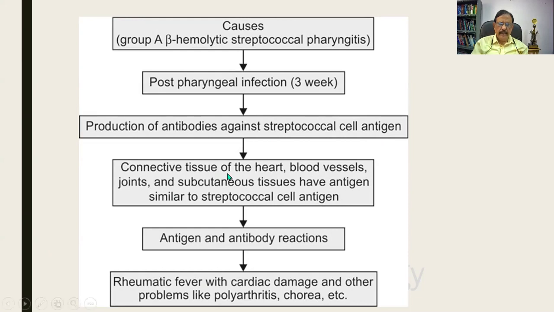This antibody reacts with not only the organism but also cross-reacts with the connective tissues of the heart and blood vessels. Basically, it is an antigen-antibody reaction resulting in damage to the cardiac tissue.